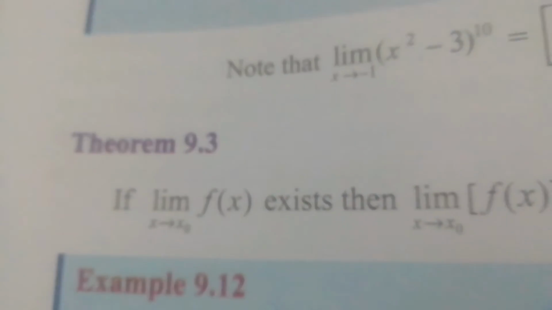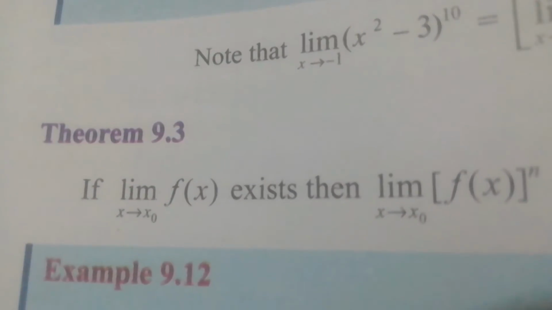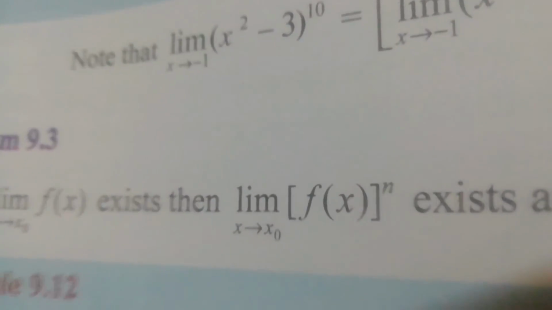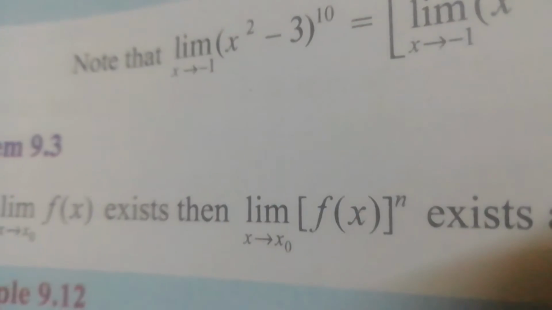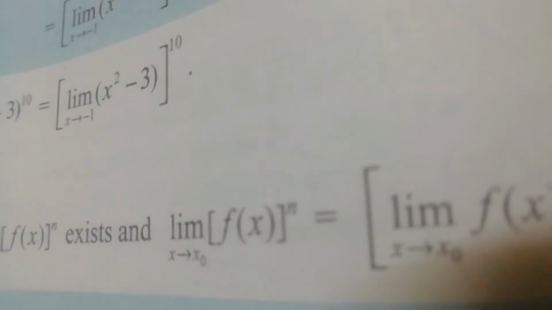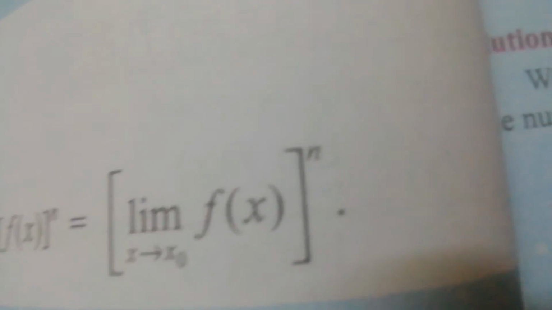Okay, next theorem. If the limit x tends to x naught of f of x exists, then the limit of f of x whole power n also exists, and the limit of f of x whole power n can be written as the limit x tends to x naught of f of x, whole power n.